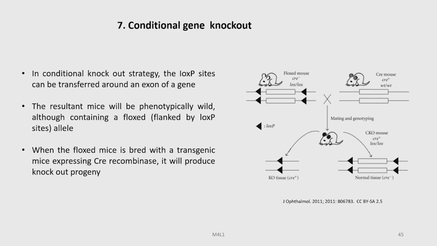The resultant mice will be phenotypically wild, although containing a floxed or flanked by LOXP site allele. When the floxed mice is bred with a transgenic mice expressing Cre recombinase, it will produce the knockout progeny.